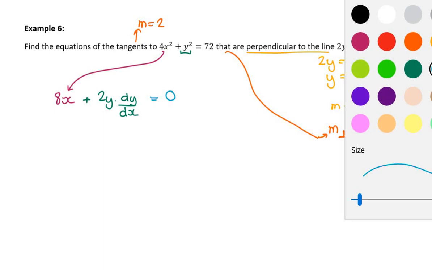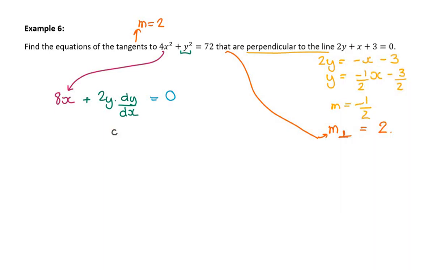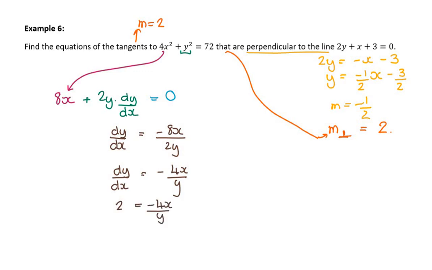So if I isolate dy/dx, it is equal to negative 8x over 2y, so dy/dx is equal to negative 4x over y. Now you want this gradient to equal 2. So that's great. So 2 equals negative 4x over y. So if I multiply by y on both sides and divide by 2, I get y = negative 2x.